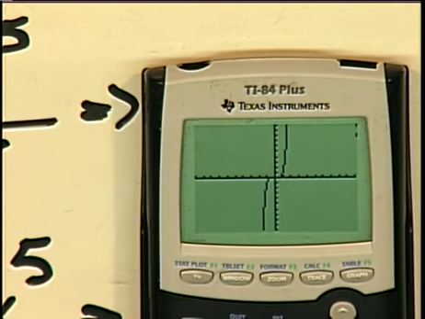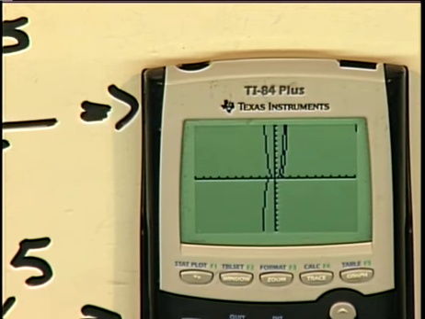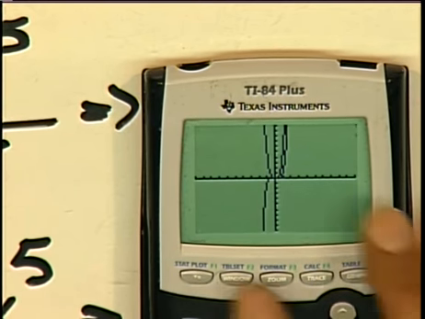It might tell you after you graph it what the function is. I just want this one.